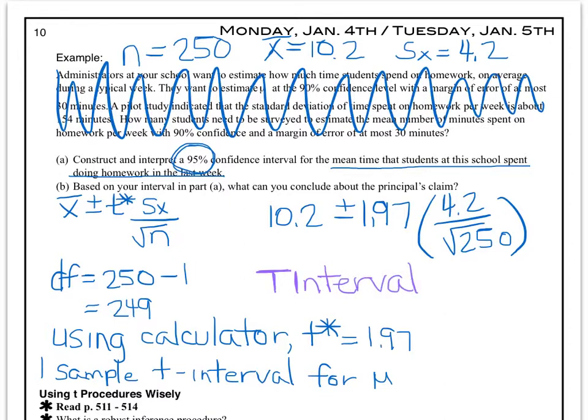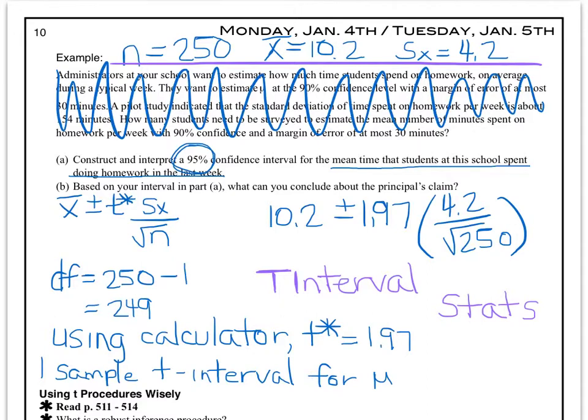Okay? And it'll give me an option for data or an option for stats. If I have information like this right here, I want to make sure I choose the stats option. If I have just raw data, then I would choose the data option. Okay, so I click stats option and I enter in the things that it asks for.